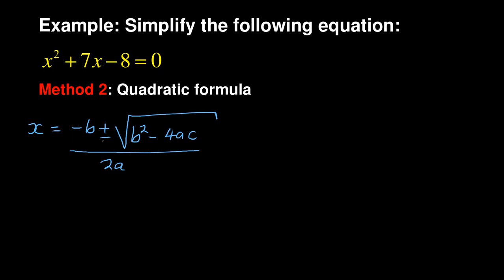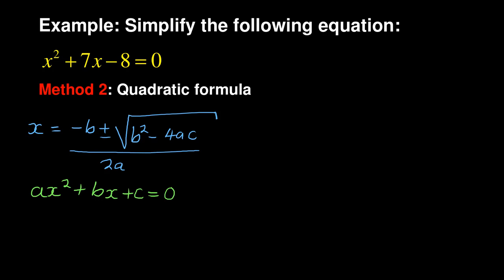Okay, now when you have done this, I can write my quadratic formula. This is my quadratic formula. It is coming from the general formula, which says ax squared plus bx plus c is equal to 0. So that is where it is coming from.